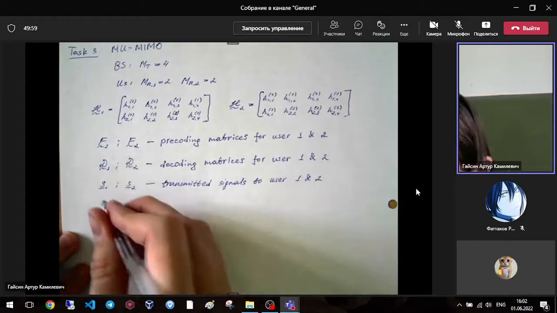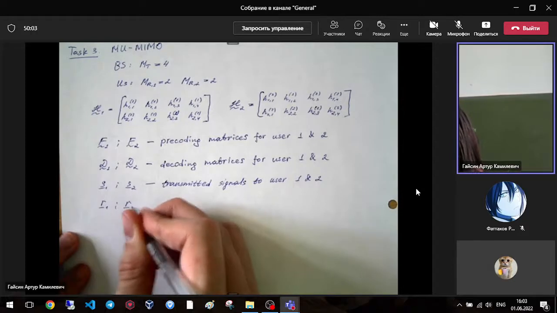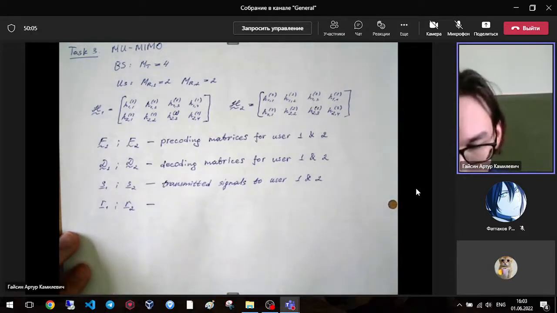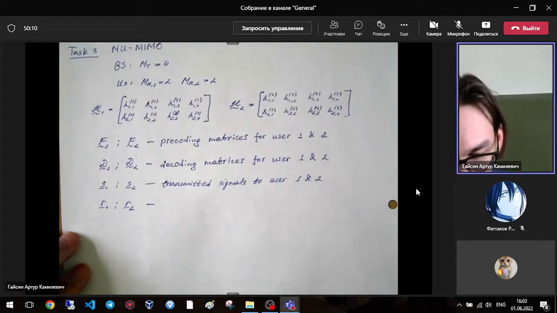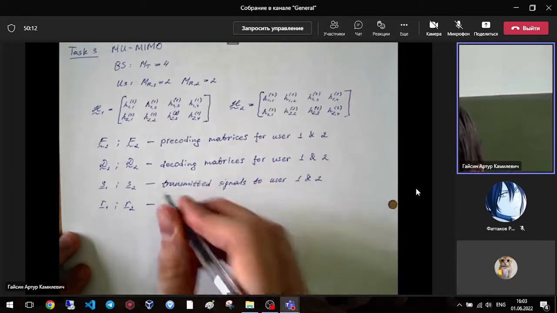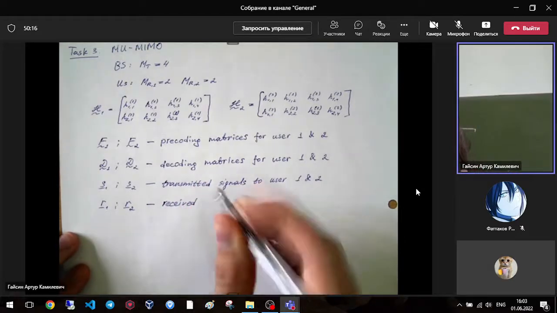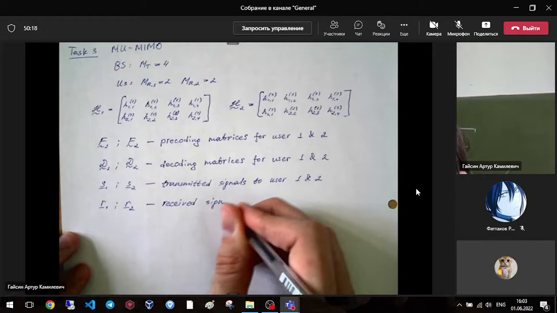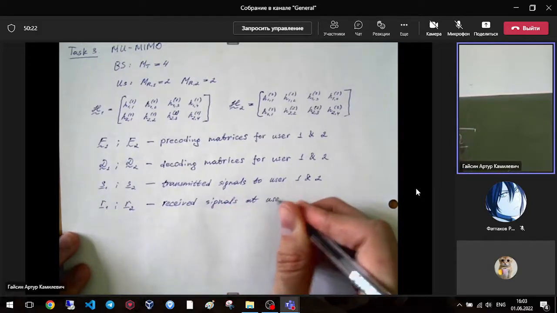And the last thing, received signals, R1 and R2. It is received signals at user 1 and 2.